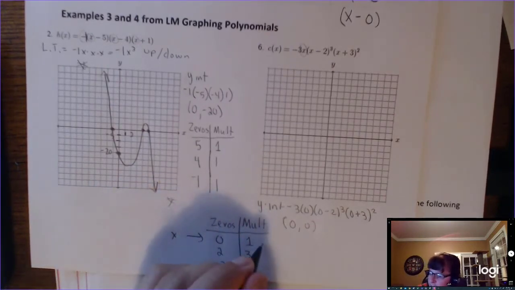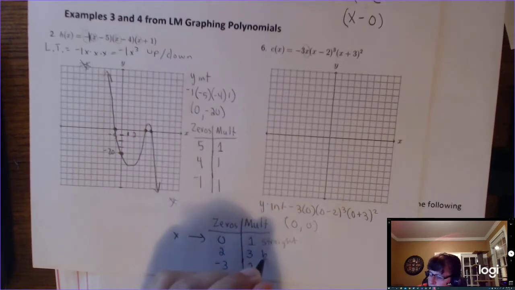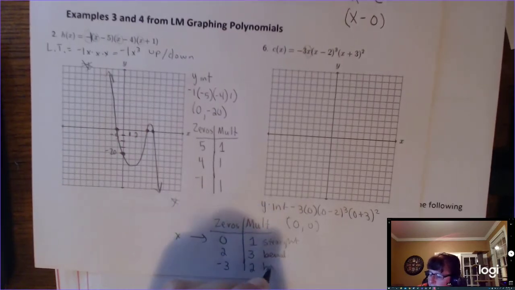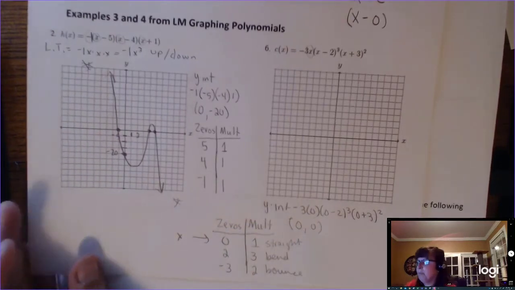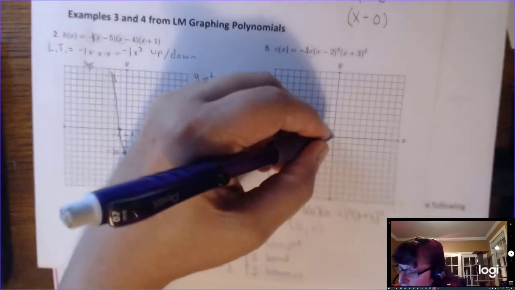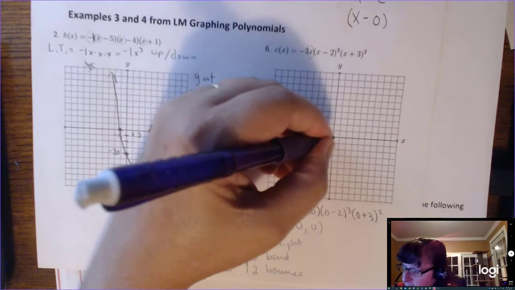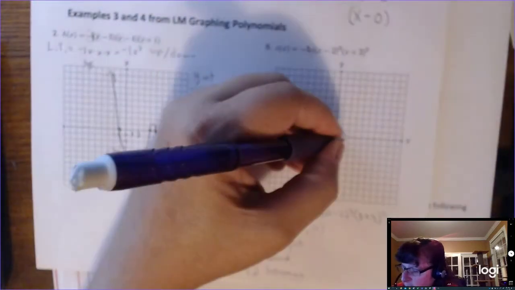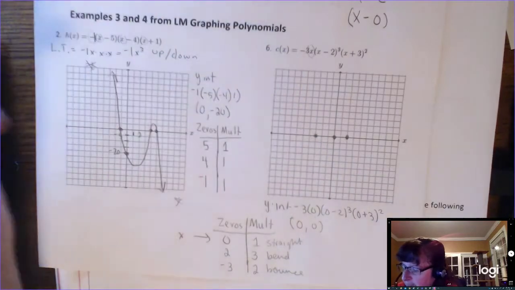Okay, so there's going to be straight through right here, it's going to be a bend here, going to be a bounce here, and you have one less point to graph because your y-intercept is the same as that 0. So let's graph that. 0, 0 is both an x-intercept and a y-intercept. Then we got 2 and we got negative 3, and that's all we have.